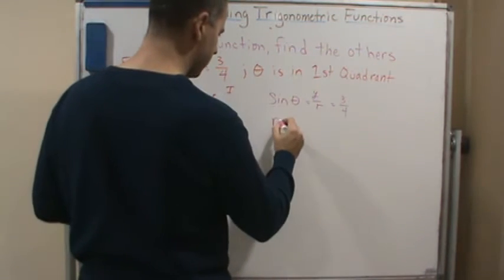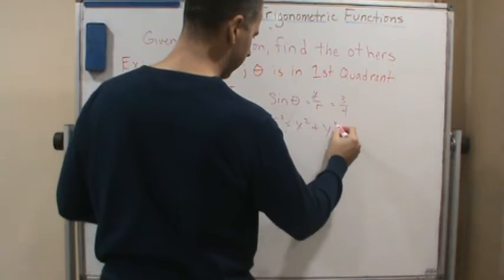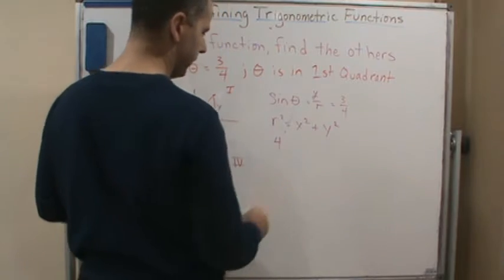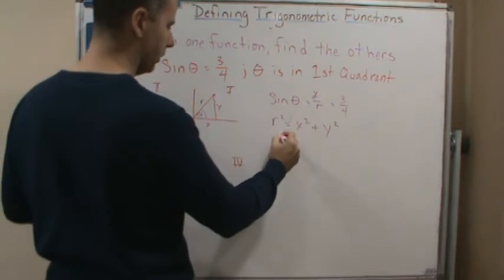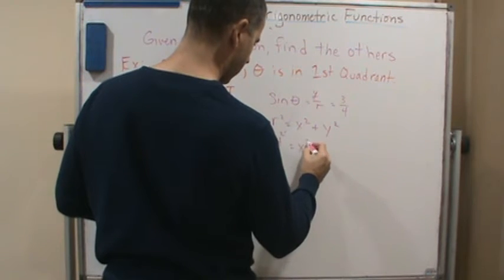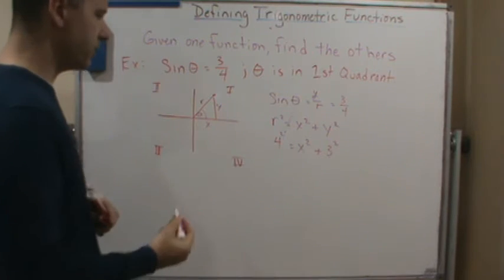We know that r squared equals x squared plus y squared. What's r? R is 4. And what's y? Y is 3. Now let's solve for x.